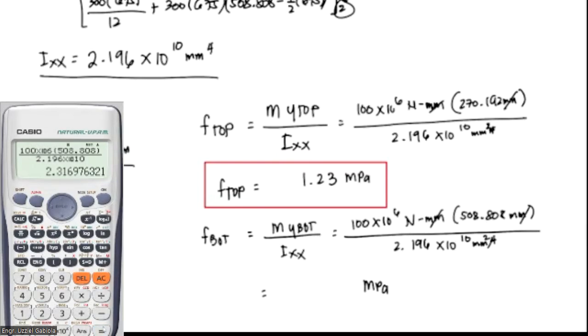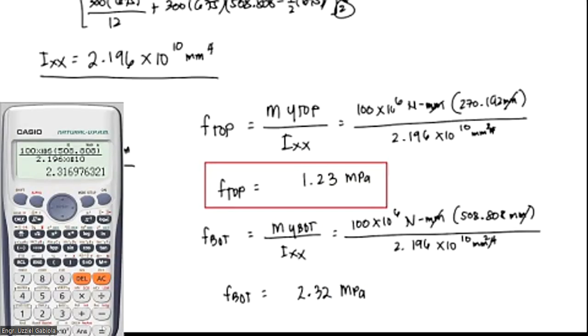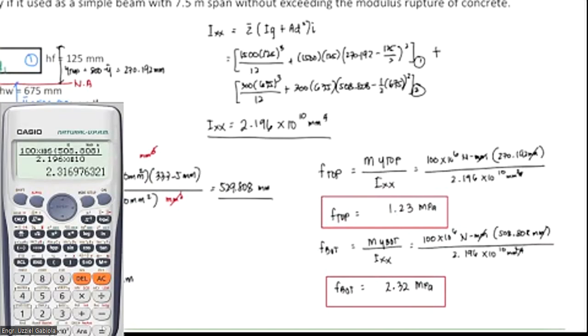We have 2.32 megapascal. Okay, so based on our calculation, this is the value of our extreme fibers.